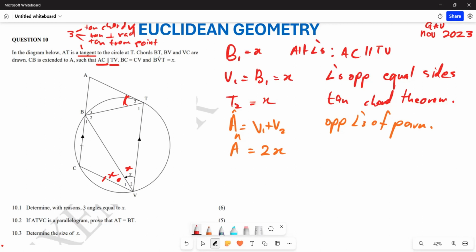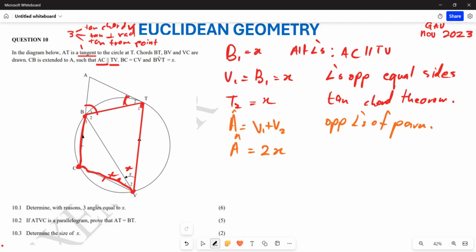If you can look at your B, your T, your V, and also your C, can you see that these are four corners, right? And if I join all these four corners of mine here, what is it that I form here?